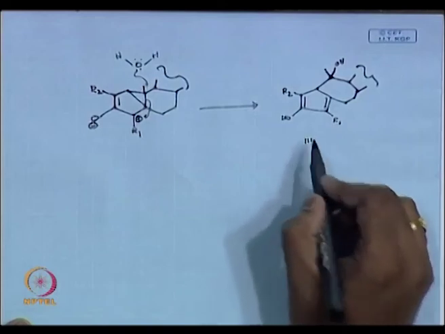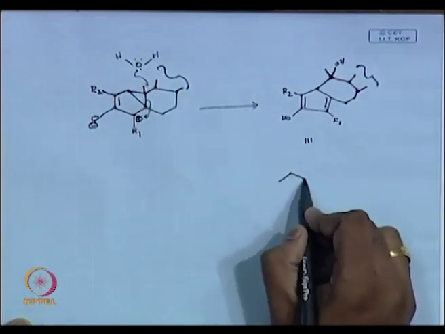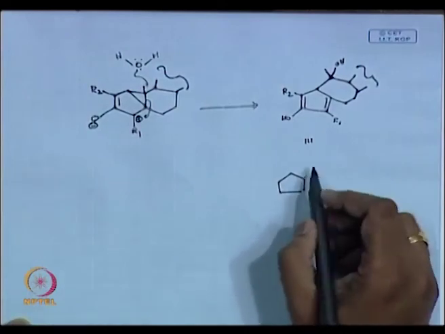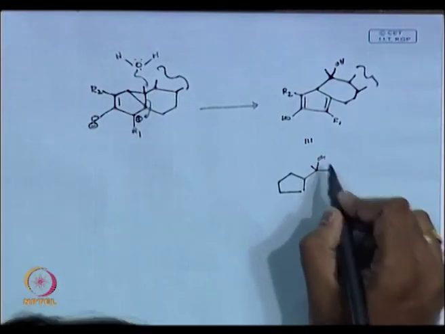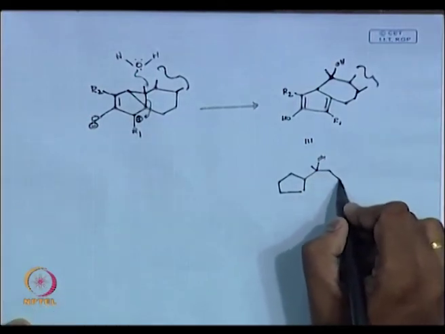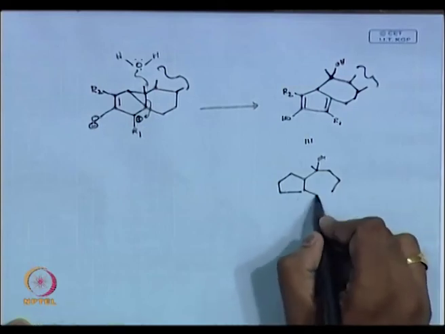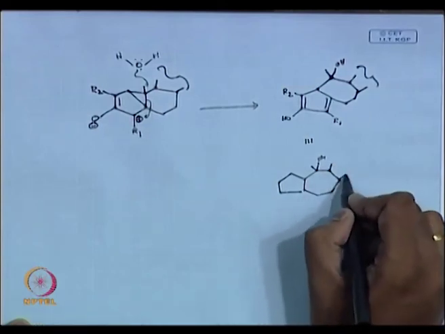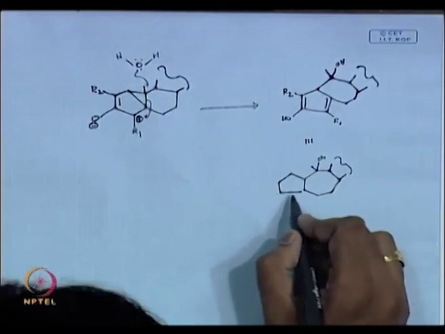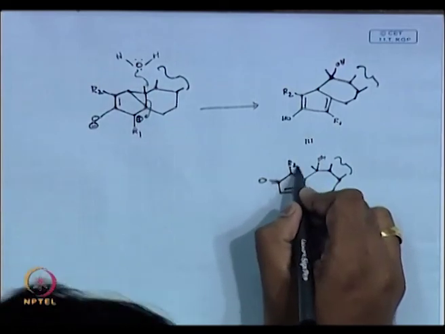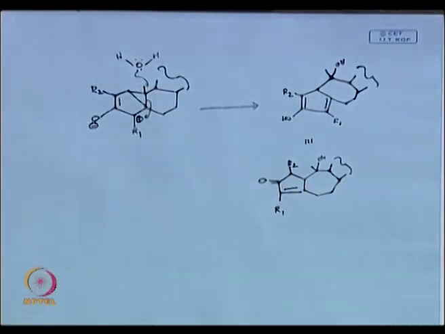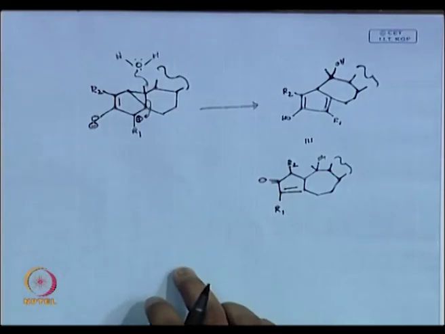If you want to really draw properly, then you get a system. See, this is a very good example in that enone system.